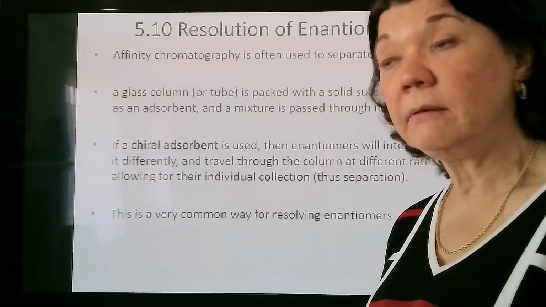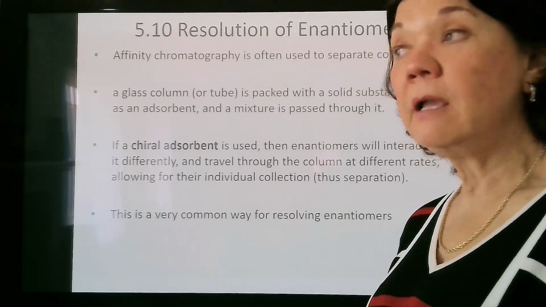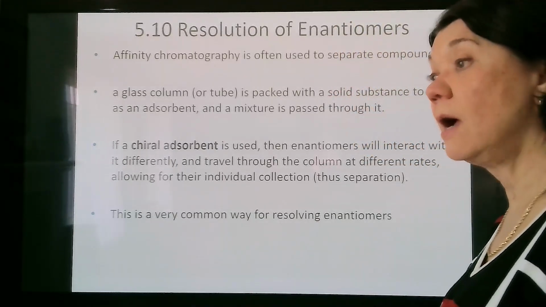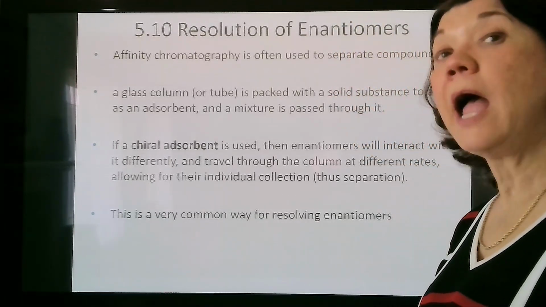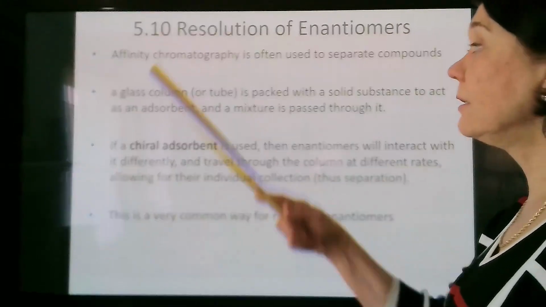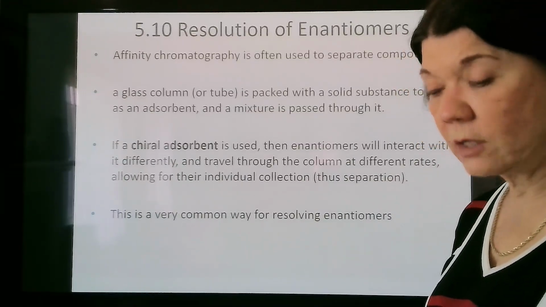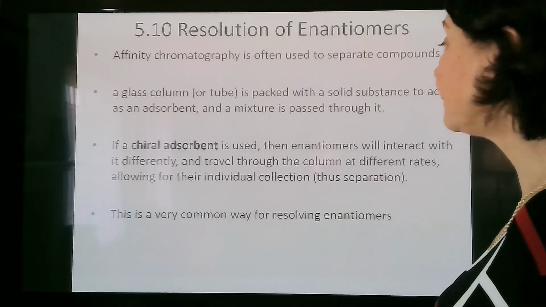And so you can separate them by gas chromatography or by liquid chromatography. One will come out faster than the other because it just doesn't interact with whatever it is that's coated on the solid phase. And so I hope that helps you understand a little bit better.